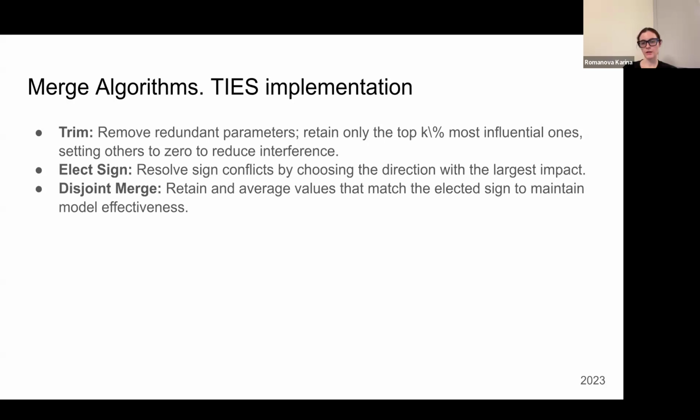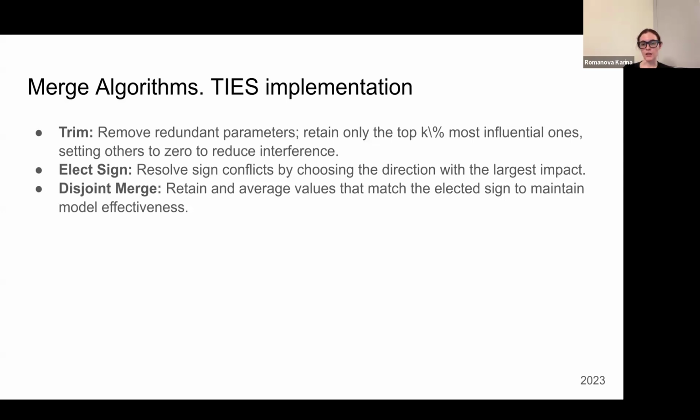Parameters that exhibit low sensitivity or minimal contribution are considered redundant and are candidates for trimming. Once redundant parameters are identified, they are removed from the models, resulting in a more streamlined set of parameters.